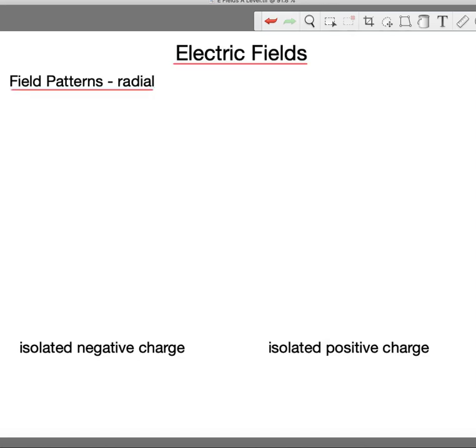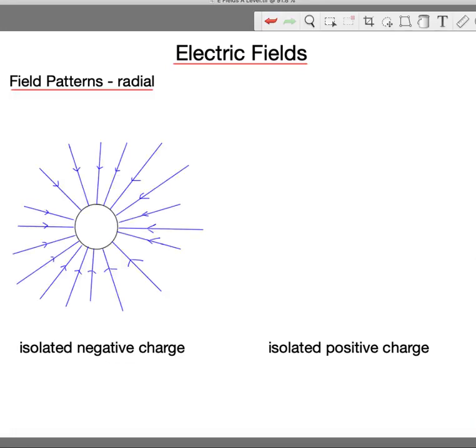Now these will look familiar to you. Here we have an isolated negative charge, and if you looked at my video for gravitational fields, that's exactly the same diagram I drew for an isolated mass. Exactly the same. So there you have an isolated negative charge. Remember, we said that the field strength was the force on +1 coulombs.